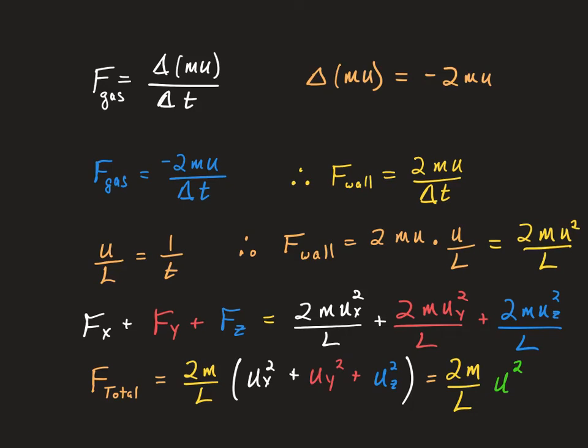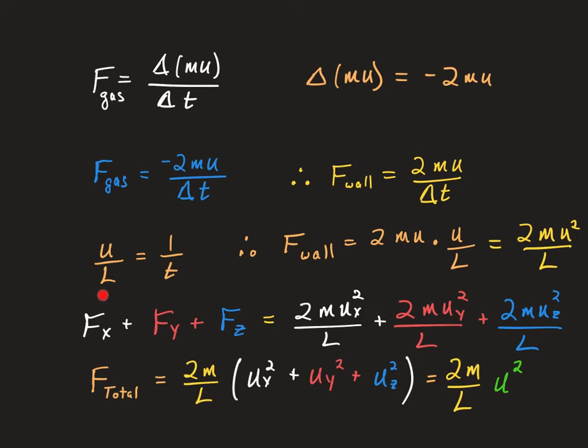If the wall exerts a negative force on the gas molecule, then the gas molecule exerts an equal and opposite force on the wall. So the force on the wall becomes positive 2 times the mass of the gas molecule times its speed in the x direction divided by the elapsed time, right?